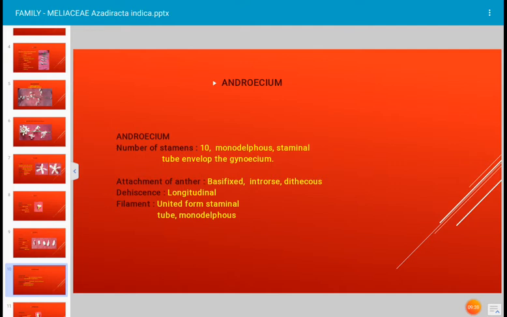All the stamens in a single bundle unite and form a tube-like structure. Such a single bundle of the stamens, this condition is known as monodelphous condition. This staminal tube is formed because of fusion of the stamens, and this staminal tube envelops the gynoecium.